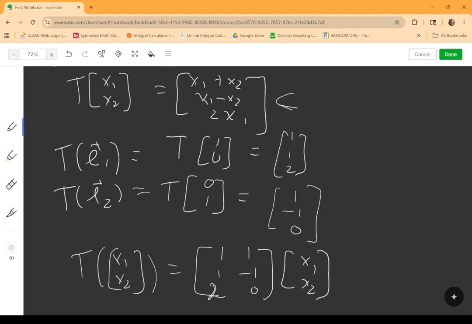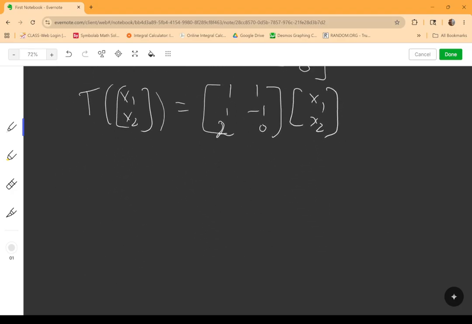So now I'm able to write it as matrix multiplication. And I can do this for any linear transformation across our Euclidean n space.